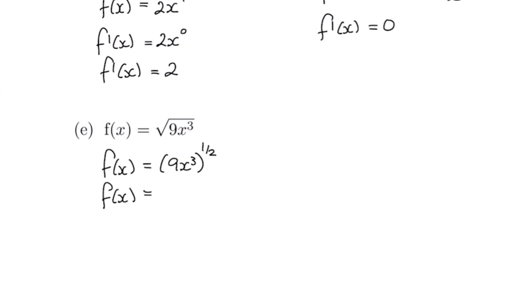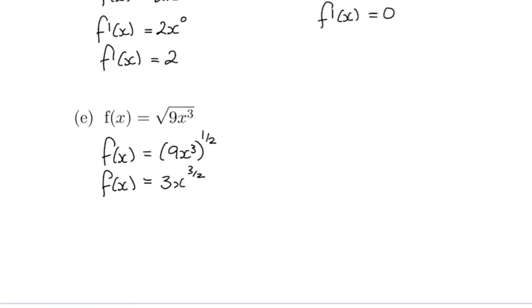So f of x equals 9 to the power a half, which is the same as the square root of 9, which is 3, and x cubed all to the power half is x to the 3 over 2. And then we can differentiate it. So multiply the power by the coefficient, so we get 9 over 2 x, and decrease the power by 1, so you get x to the power half.